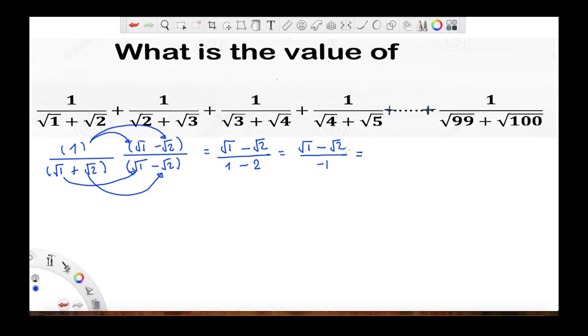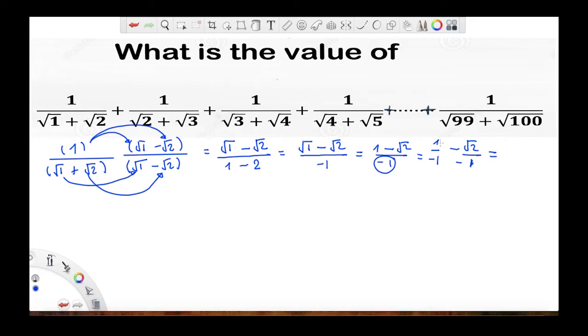So we can further separate this, but let us not forget that the square root of 1 is the same as 1. So 1 minus root 2 divided by minus 1. Let us just separate this: we are going to have 1 divided by minus 1, and minus root 2 divided by minus 1 as well.